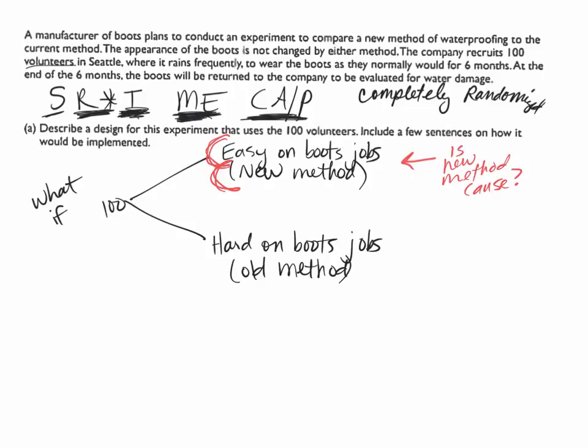These are people that work inside all day. And just by pure randomness, this other group got a whole bunch of people that are hard on boots. They're outside doing construction, getting lots of stuff on their boots all the time, and they had the old method. So upon me saying this group is the best, can I say the new method is the reason? Tell your person why you can't say the new method is the best. You have 10 seconds. Go.